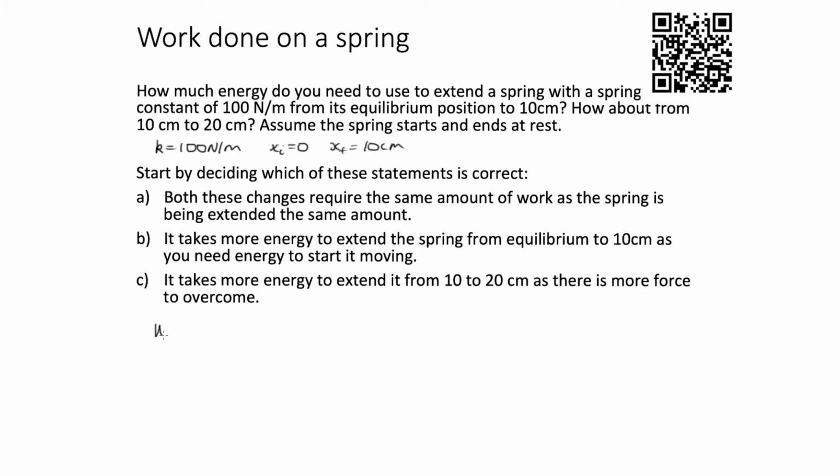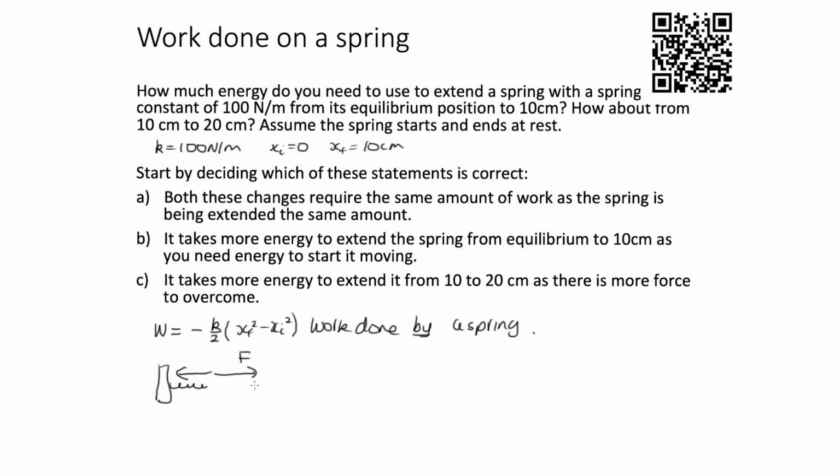So we just showed that the work done by a spring was given by minus k on 2 times (x final squared minus x initial squared). So this is work done by a spring. Now the difference is, in this case we've got our spring like this, and we're applying a force this way to extend it. This equation here is describing the force which the spring is applying back in the opposite direction.